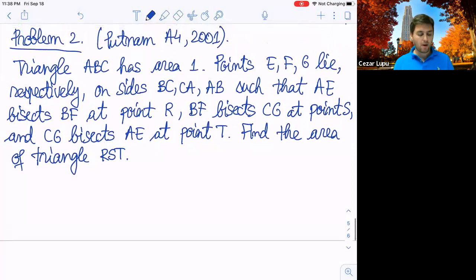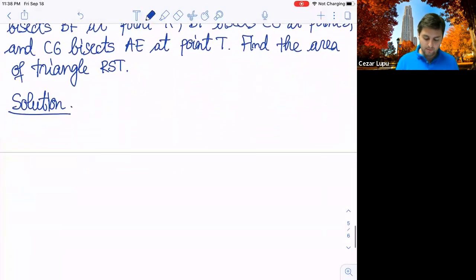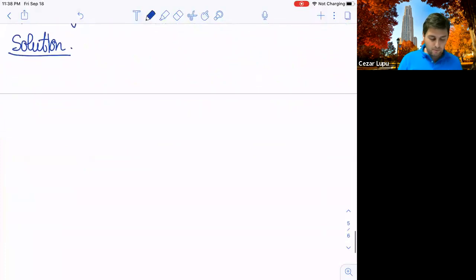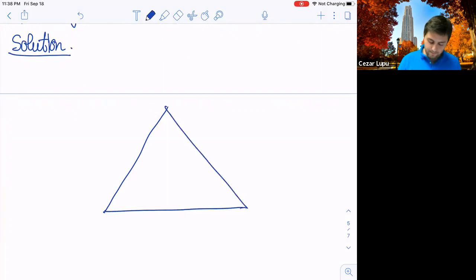That's the statement of the problem, right? I want you to look at it. It's very similar, but in fact, I would like to draw a picture so that things will be clearer. And the picture is the following. All right, let's draw the picture. Here we go. So we have the triangle ABC.